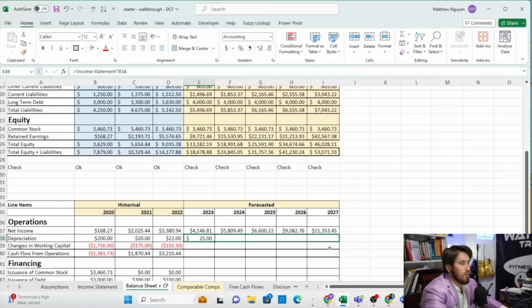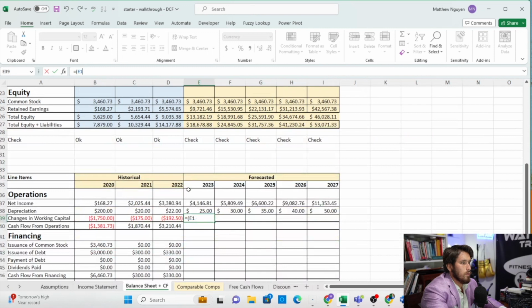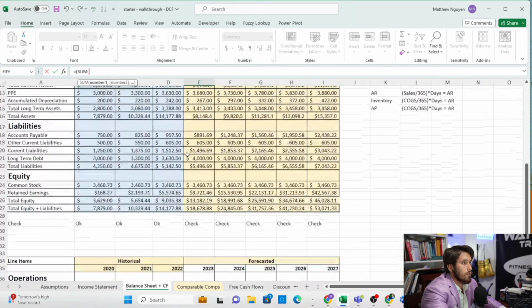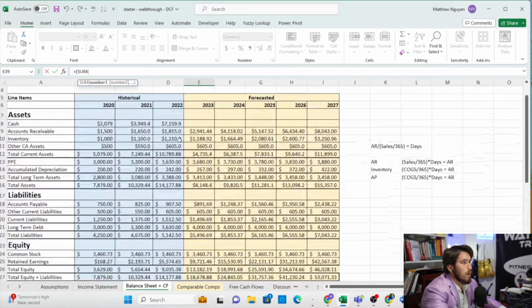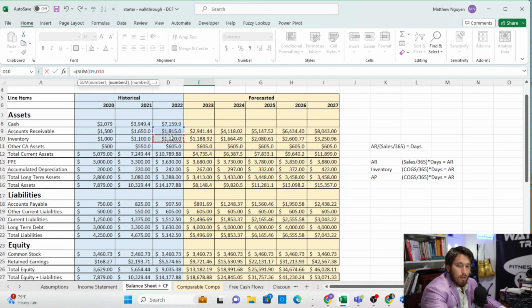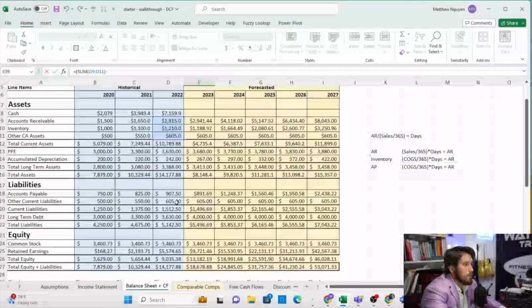And then let's find our changes in working capital. So this is going to be the fun stuff. What we're going to do is take our net working capital. Let's take our prior year. We'll do the sum of the prior year, our sum of our AR and our inventory, minus our current liabilities.